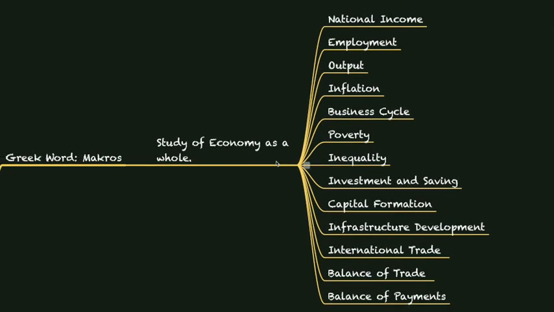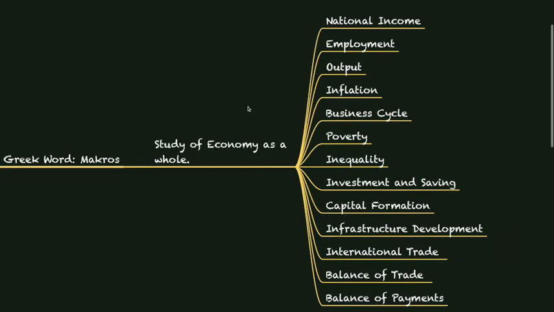It's nothing but in macroeconomics, we are studying different aggregates like national income, employment, output, inflation, business cycle, poverty, inequality, investment and savings, capital formation, infrastructure development, international trade, balance of trade, and payments.